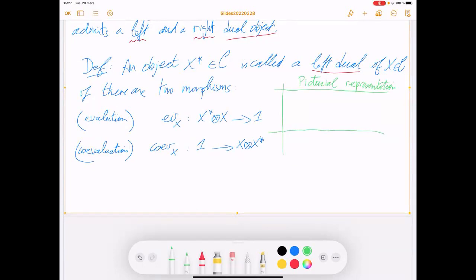So you can represent it like that. You start from X star tensor X, you draw X star, X, and then you go to 1.